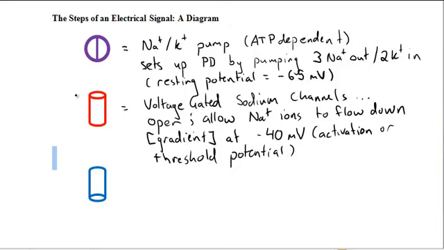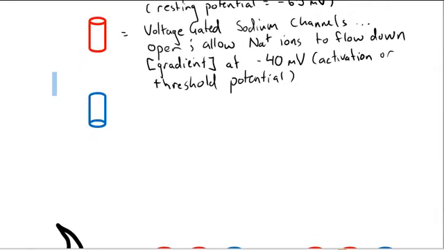But if we can't close that gate and reestablish that potential, we will only be able to ever fire a neuron once. So then we have what are called voltage-gated potassium channels.